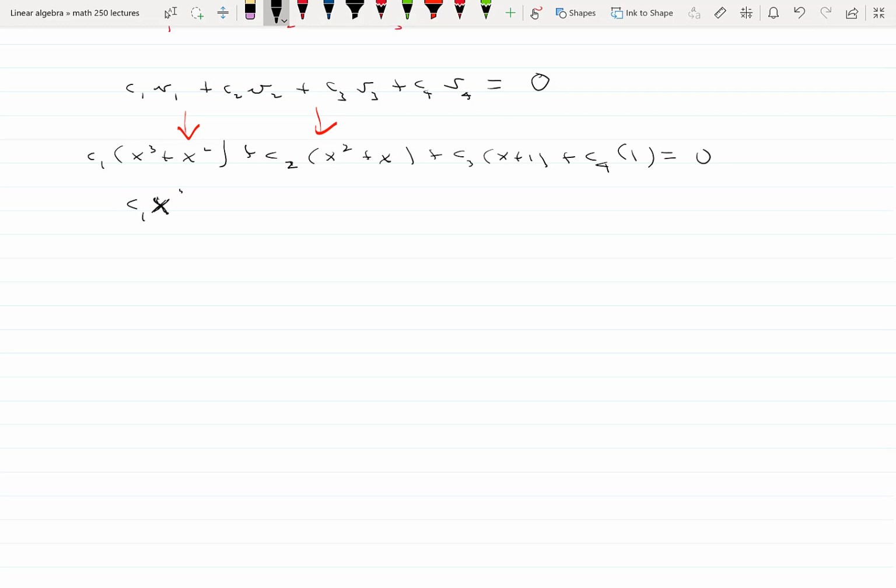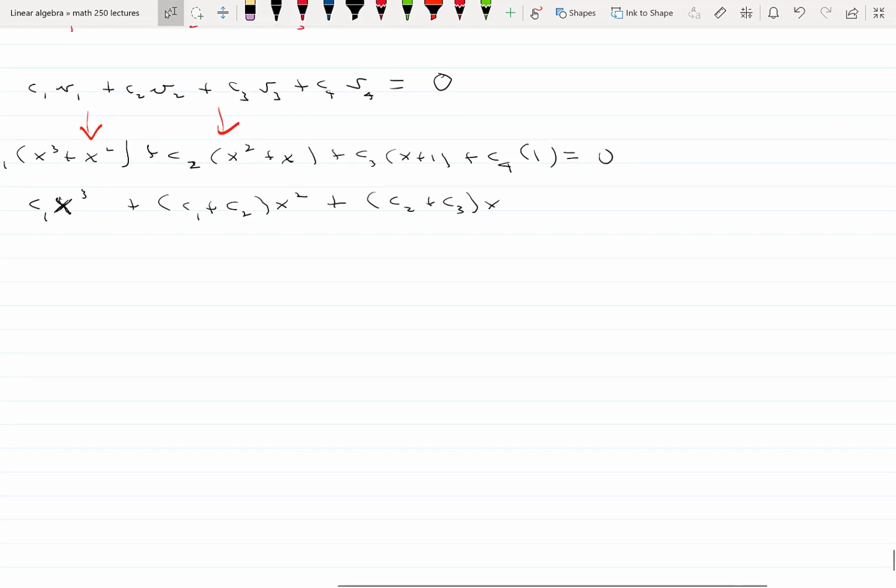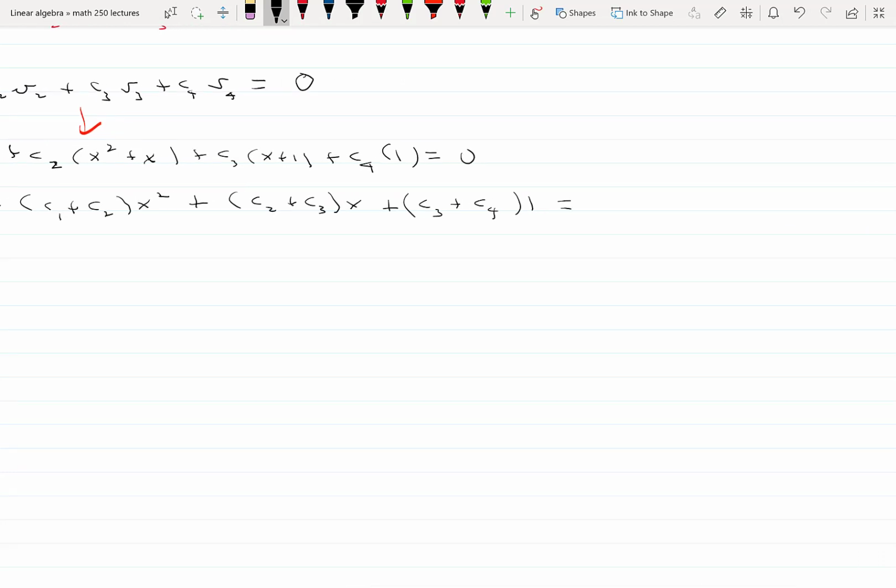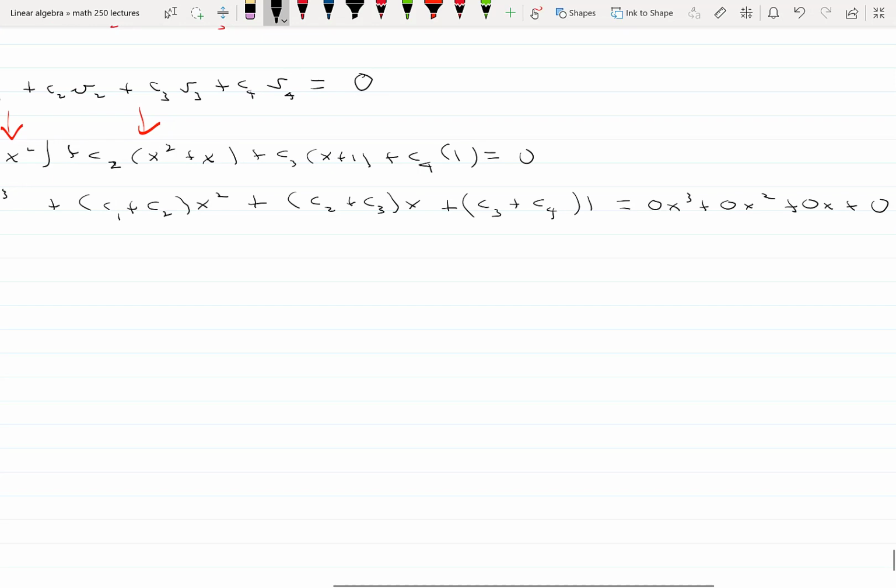We have c1 times x cubed plus c1 plus c2, that's better, times x squared, plus, what are the coefficients of x? c2 plus c3 times x, plus coefficients of constants, c3 plus c4 times 1, equals the right-hand side: 0x cubed plus 0x squared plus 0x plus 0. Okay?